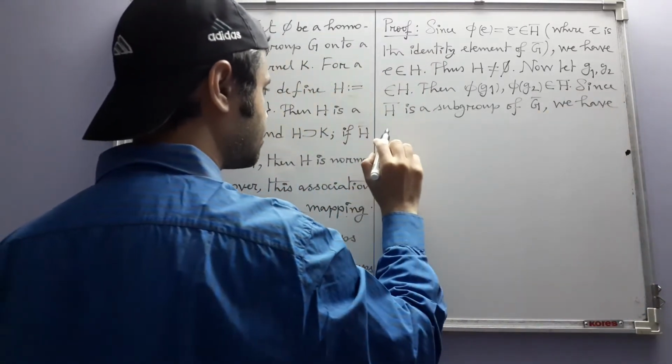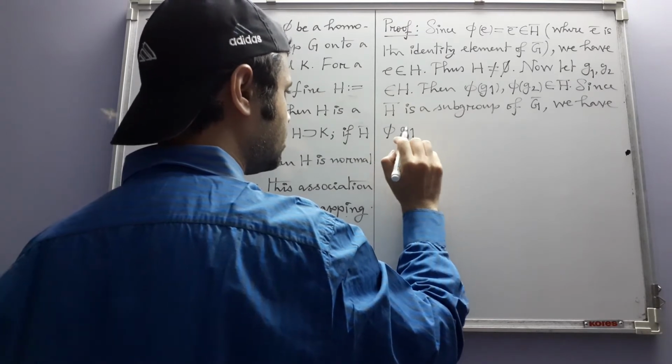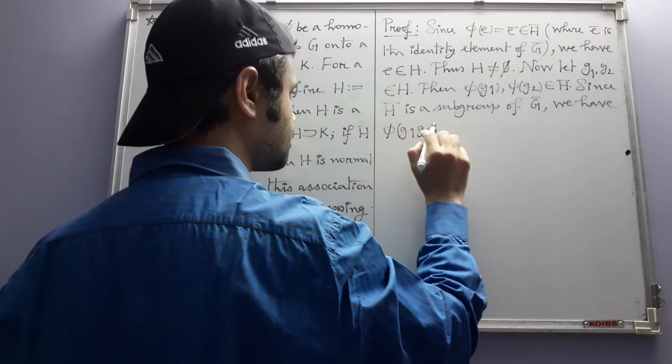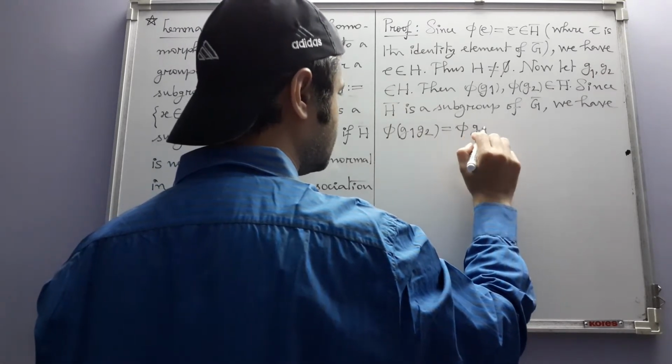We have phi of G1 G2, and since phi is a homomorphism, phi of G1 G2 will be phi G1 phi G2.